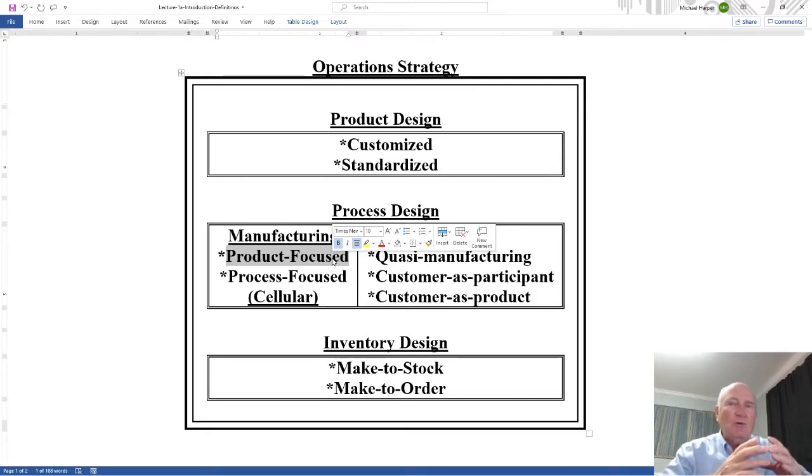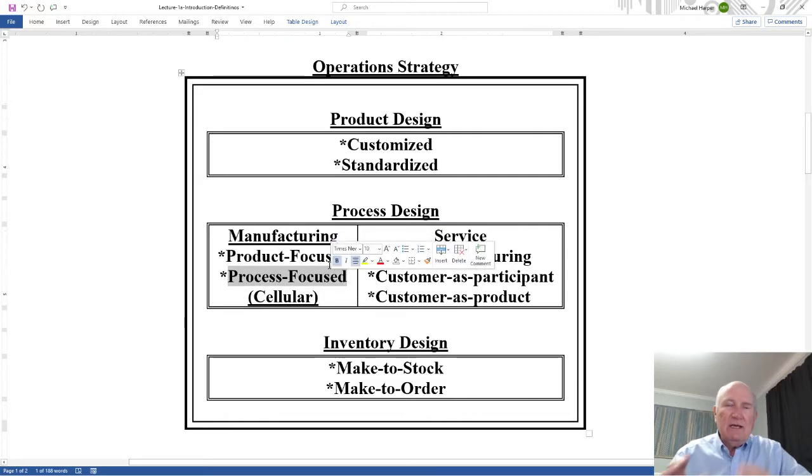But then each cell will not produce an entire product. It might produce part of a product, maybe even a component, but it only does one operation very fast, high volume, low cost. It can do it very quickly and efficiently. Now, process focused is when you put different cells together, the way you put the cells together, you can create a product.